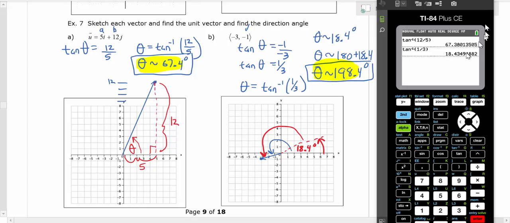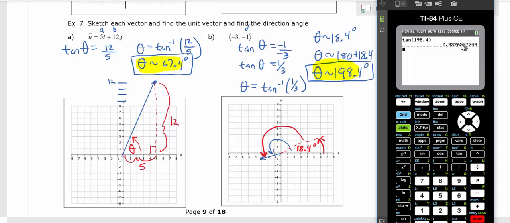Now, if you're a little bit unsure of yourself when you're doing this, let me show you how easy it is to check that you're right. If I take the tangent of this angle, 198.4, oops, I put the wrong thing in there. Let me try that again. Tangent of 198.4. I just want to show you what happens and see if this makes sense to you.